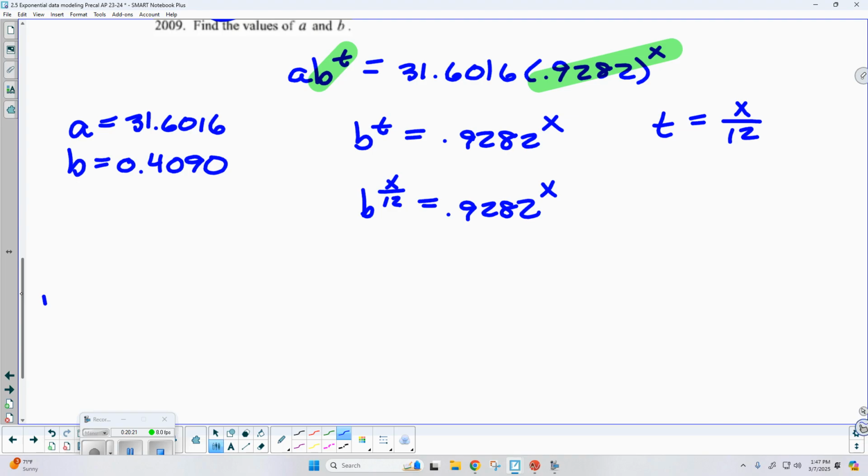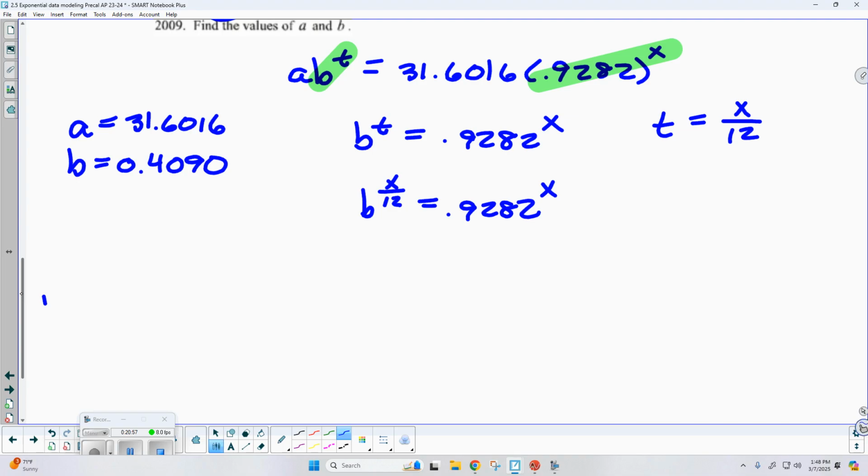Okay, so how am I finding that B is equal to 0.4090? What would I do? Or what exponent rule was I even referring to? The product? Like, what do you mean? So you want me to raise both sides to the... Oh, I see what you're saying.